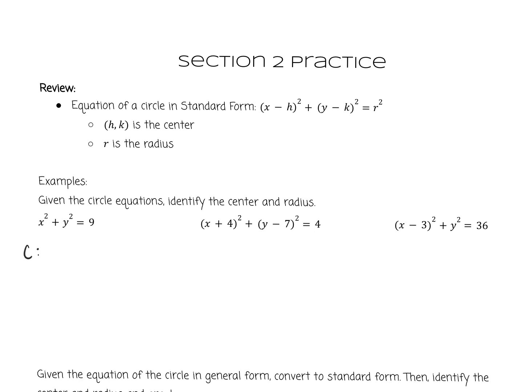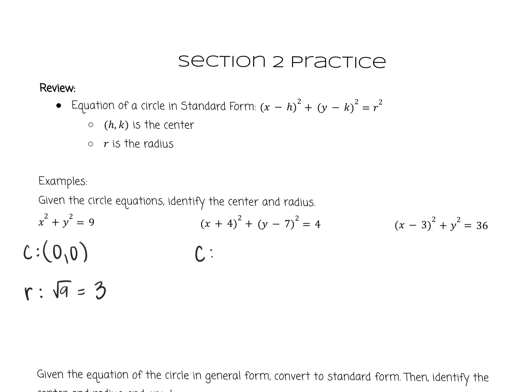When there is nothing with x and y, the center is at (0, 0). And then our radius is the square root of 9, which is 3. Our second example, (x + 4)² + (y - 7)² = 4.